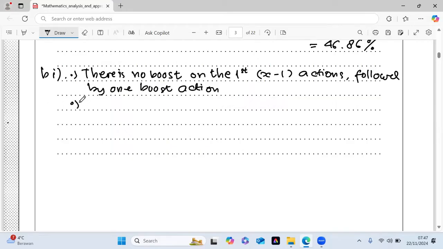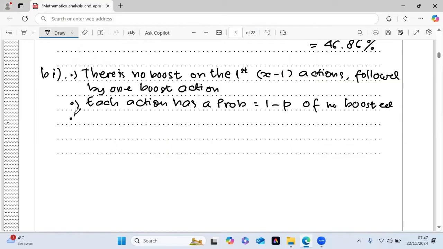The second, each action has a probability equal to 1 minus p of no boosted.